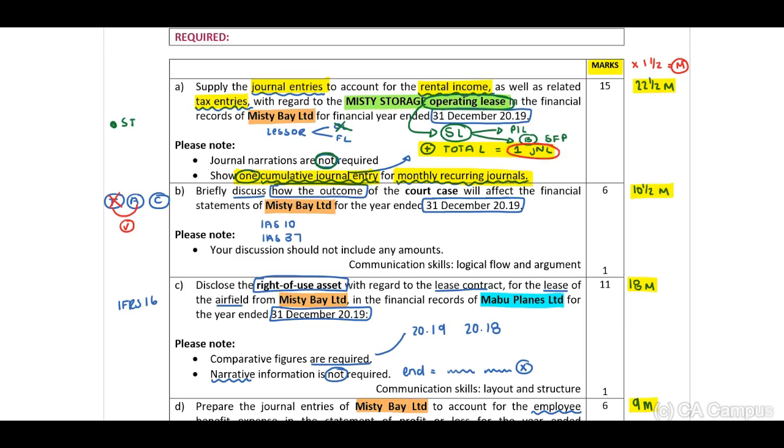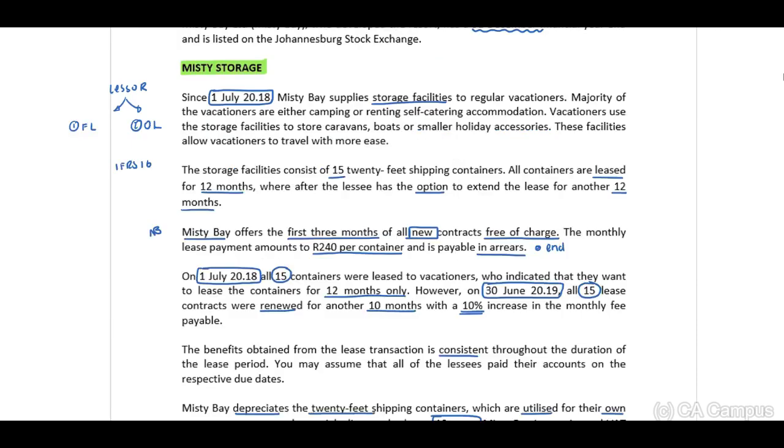Okay, now let's have a look at the details provided in the scenario. Misty storage, remember, they indicate to us since 1 July, and then important, there are 15 20-feet shipping containers. All containers are leased for 12 months, whereafter the lessee has the option to extend the lease for another 12 months.